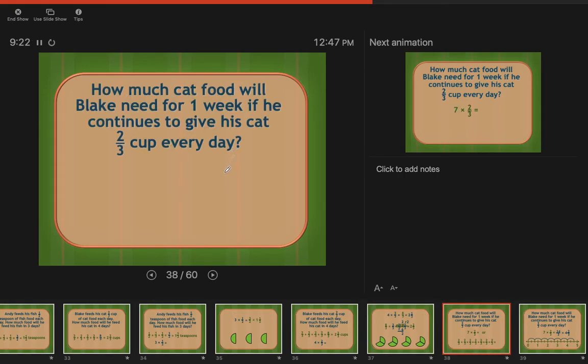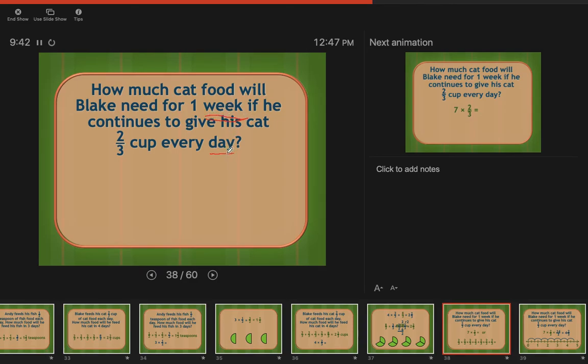How much cat food will Blake need for 1 week if he continues to give his cat 2/3 cup every day? Well, I've got days here, but then I'm also talking about a week.